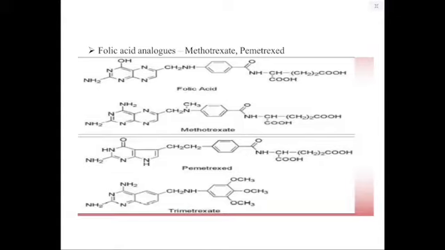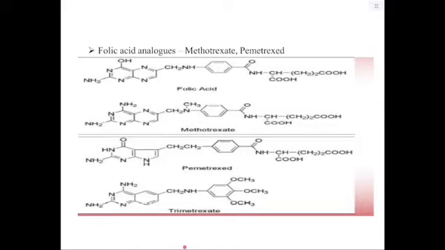So the folic acid analogs ultimately will have an influence on purine synthesis and pyrimidine synthesis, and its metabolites, especially tetrahydrofolate, is a cofactor. Remember, cofactors are used in metabolic processes, like in purine synthesis and in pyrimidine synthesis. So if you do not have the cofactor that you require, ultimately you will have an influence on the purine synthesis or on the pyrimidine synthesis.